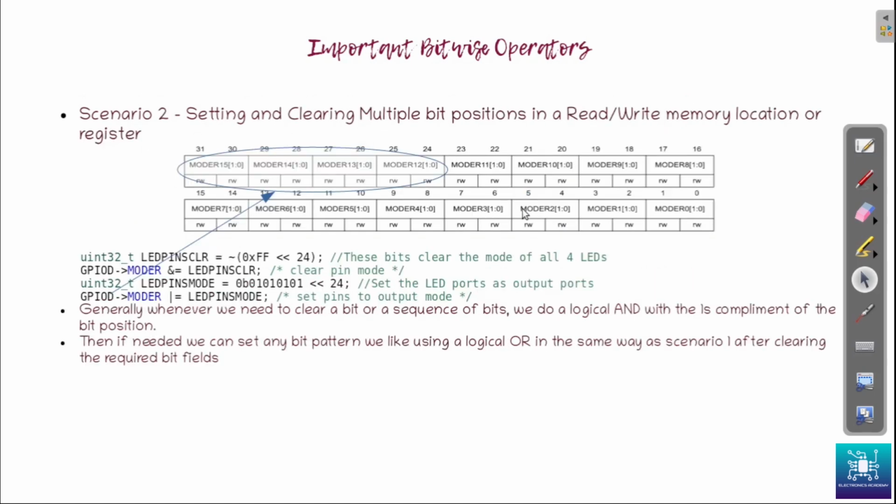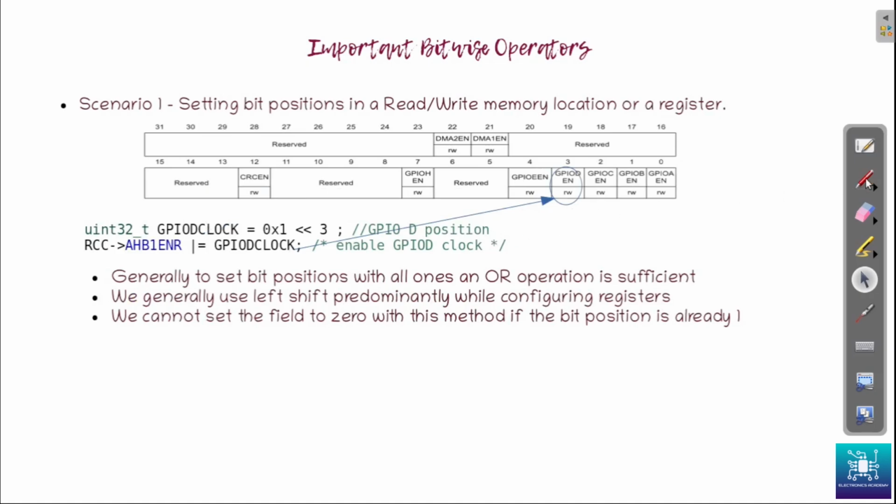Now, say this is in position 3. What we generally do is we declare a variable of, say, type unsigned int, like we did, and say some variable, and then do equal to, and we take 1, so 0x1.